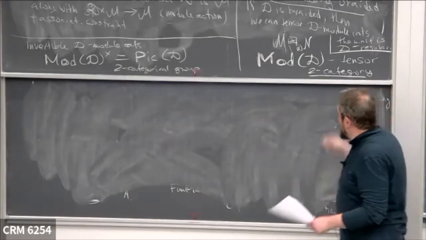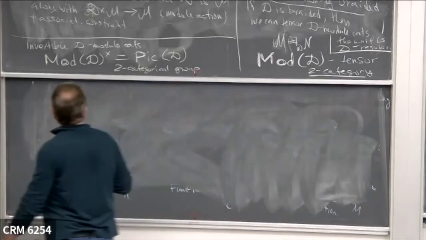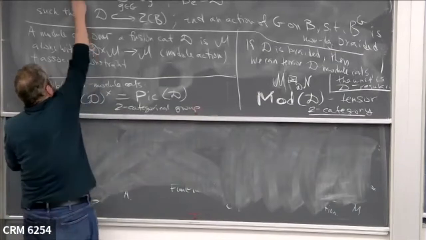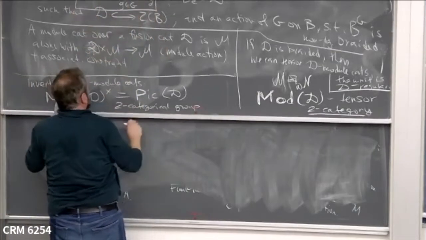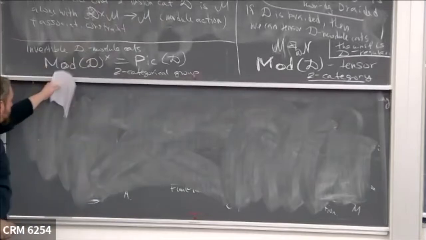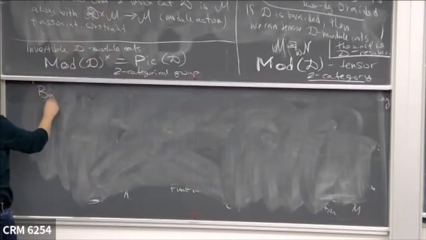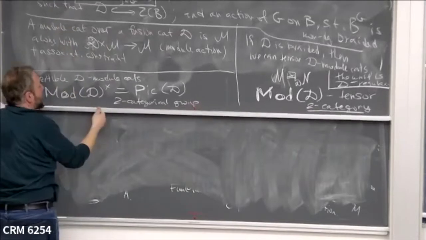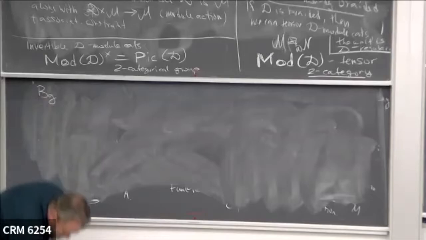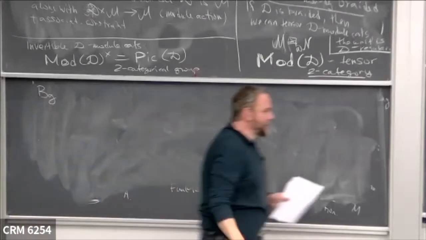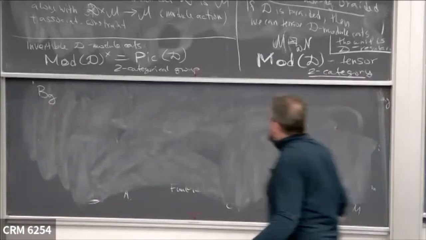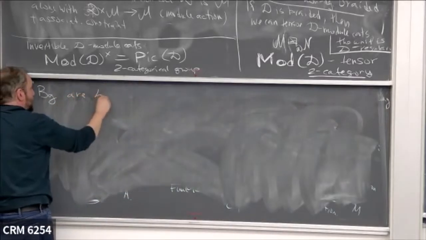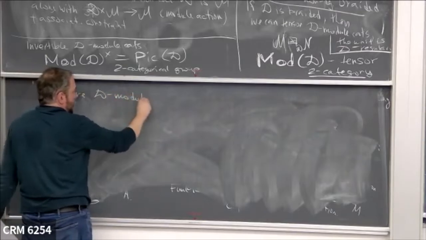Okay, so now how is this related to the question at hand? Here, if you look at this decomposition, then of course you observe that the homogeneous components here, let me refer to this as star, are D-module categories, right?